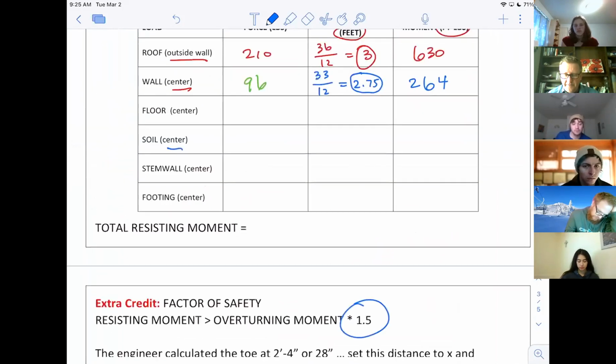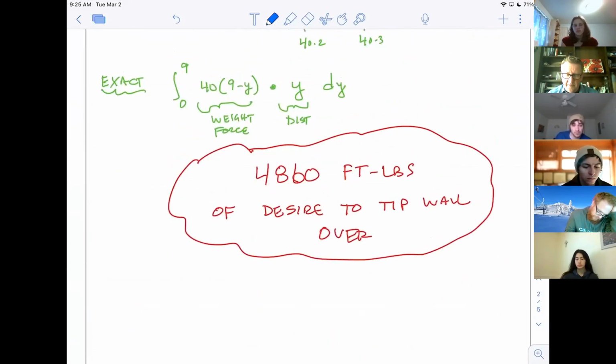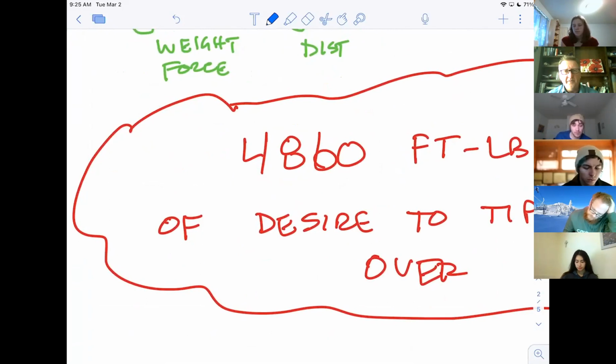In other words, if this has 4,860 foot-pounds of desire to tip over, then you want the resistance to be not just equal to 4,860, but 50% higher than that, because you want a factor of safety built into this, obviously. But you don't want the factor of safety to be like 10. You don't want it to be 4,000 or 48,000, because that's costing people a lot of money. So they actually calculate this in.